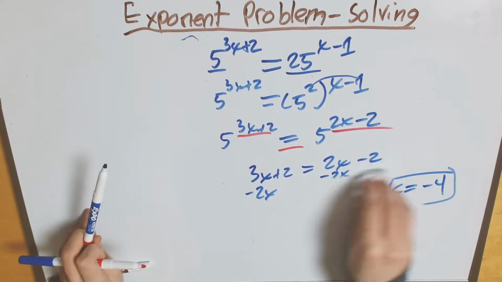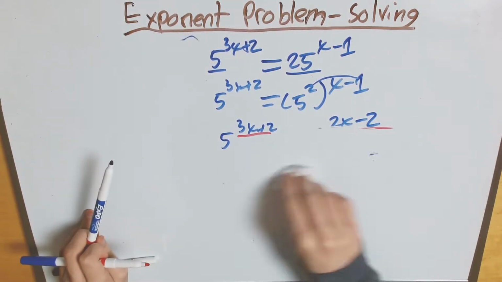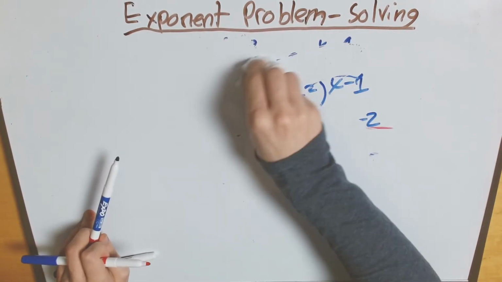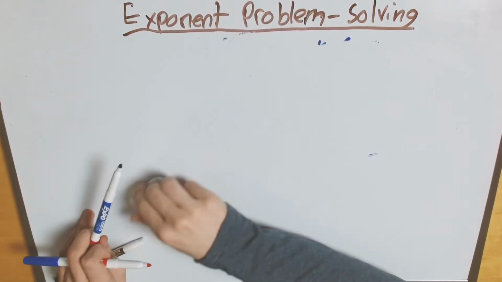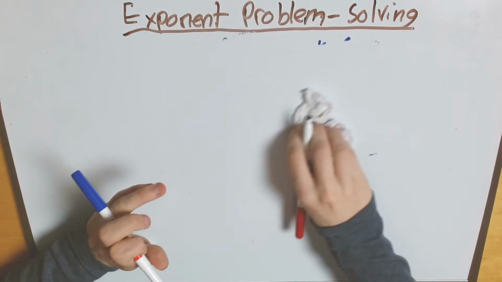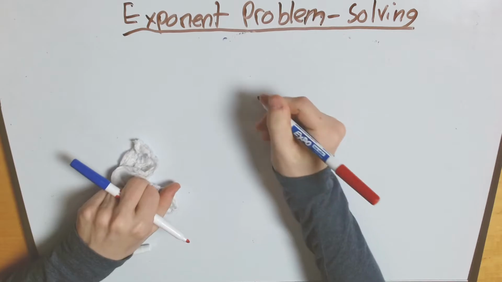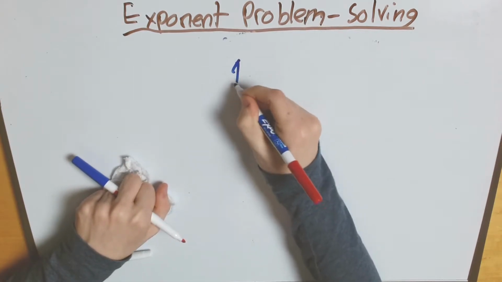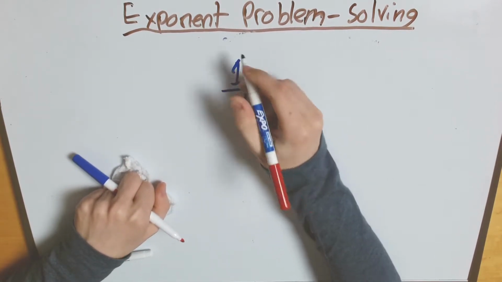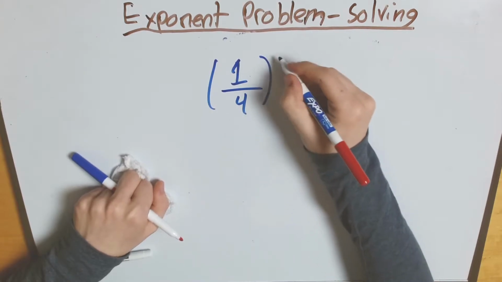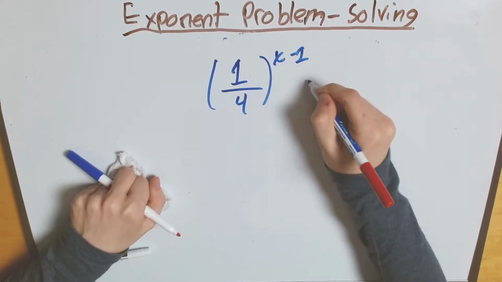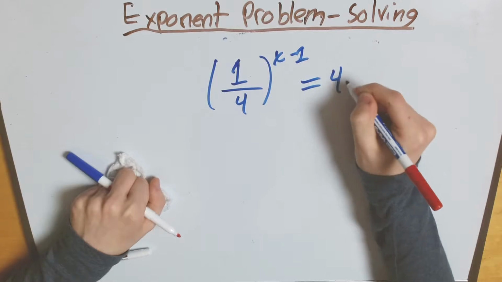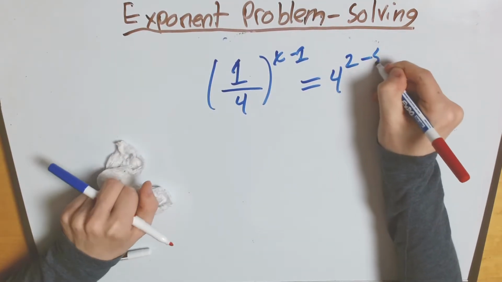Let's do another more complicated one. Let's say I have something like 1/4 to the x minus 1 equals 4 to the 2 minus 3x.